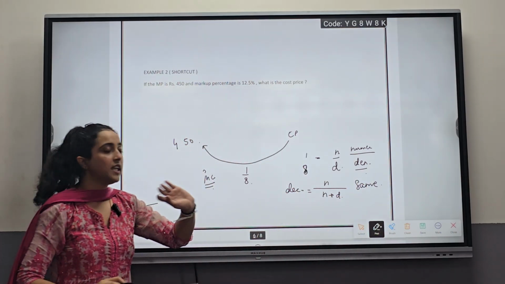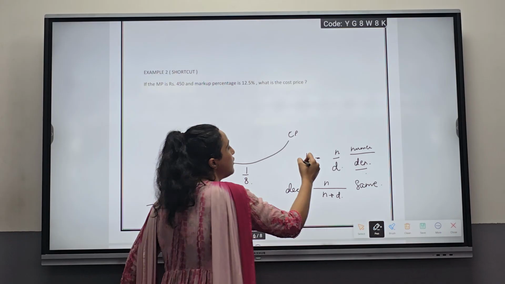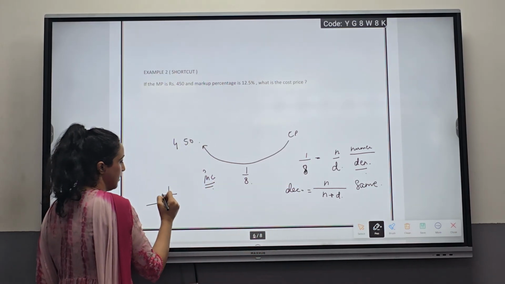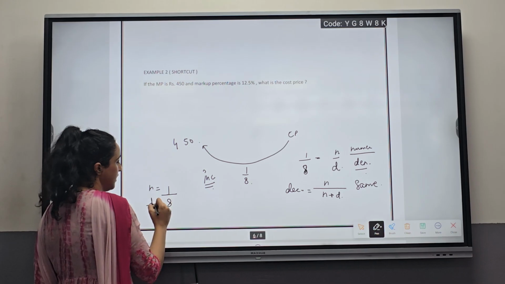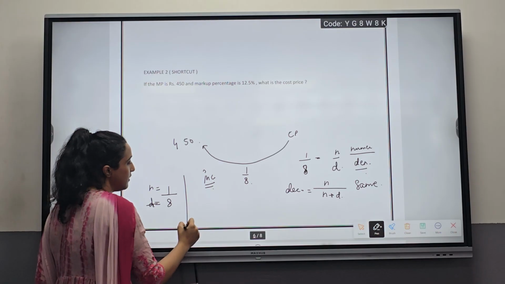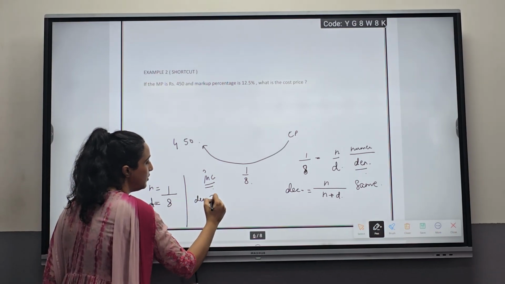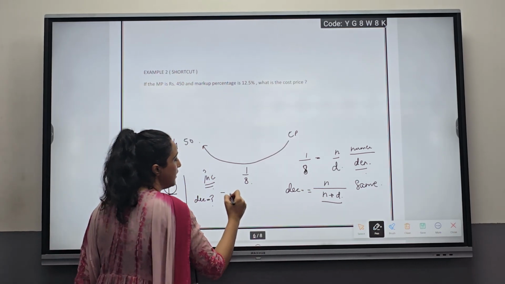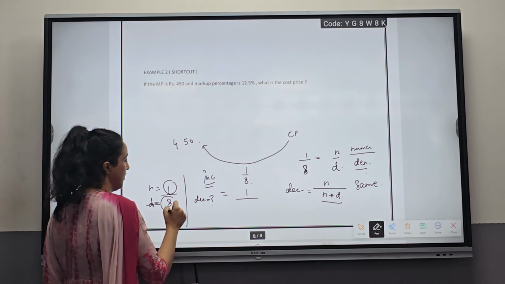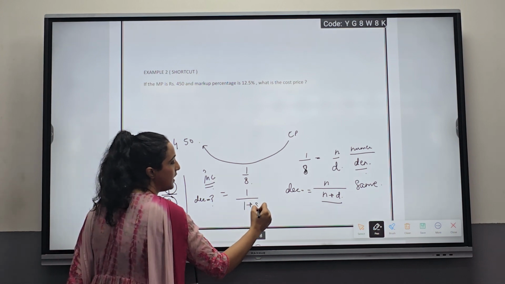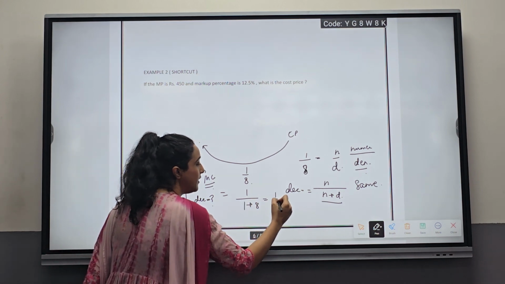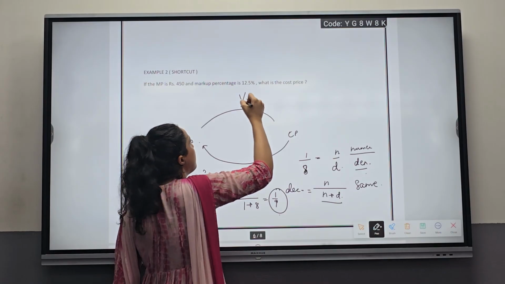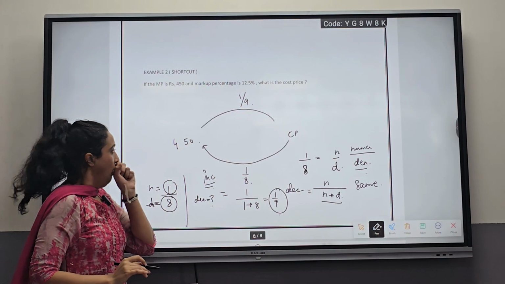It is a very easy concept once you understand. So what did you increase? You increased it by 1 by 8. N is equal to 1, D is equal to 8. This means you have to decrease it by what amount? N divided by N plus D. Numerator is 1, divided by N plus D, 1 plus 8. So 1 by 9.